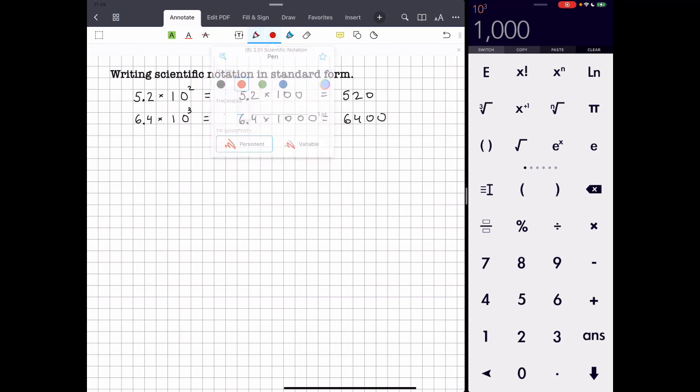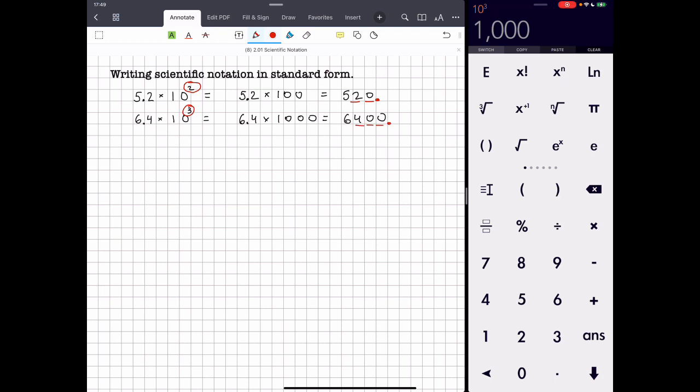Now let's just take note of a little pattern here. When we multiplied by 10 squared, we moved the decimal 2 places in the problem. When we multiplied by 10 to the power of 3, we moved the decimal 3 places in the problem.